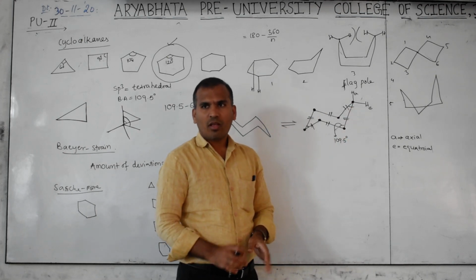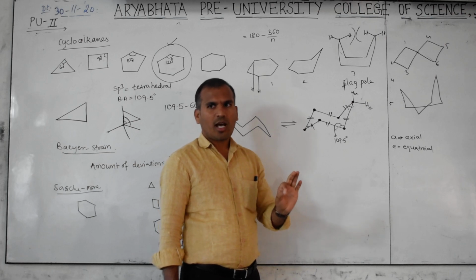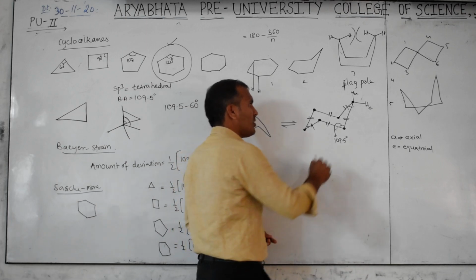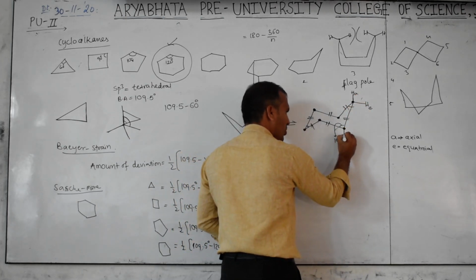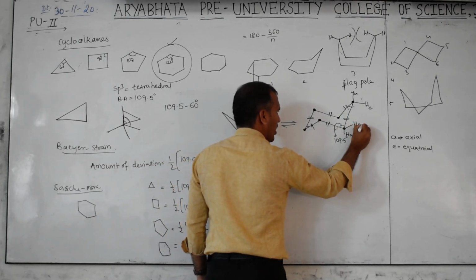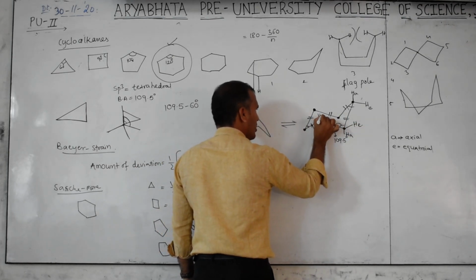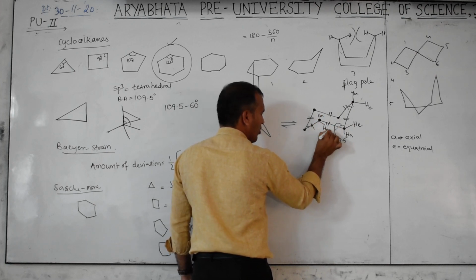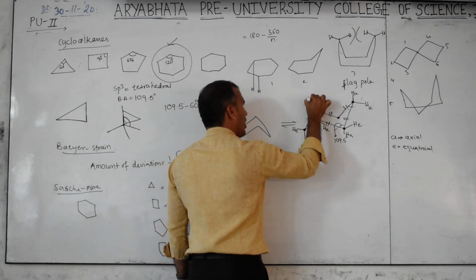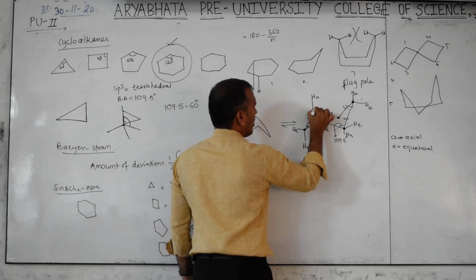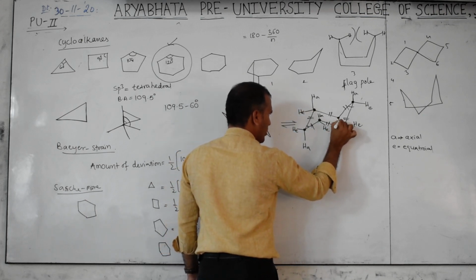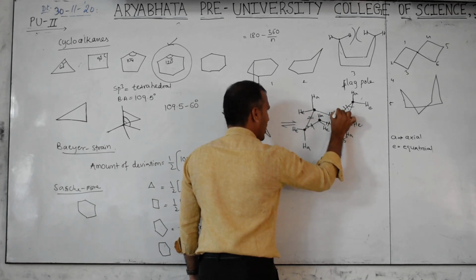Otherwise, simply axial hydrogens are present up or down, perpendicular to the plane. This is up, axial. This is down, axial. Next here, hydrogen equatorial. Here H axial, H equatorial, H axial, H equatorial, H axial, and H equatorial. You just observe H axial, H equatorial.